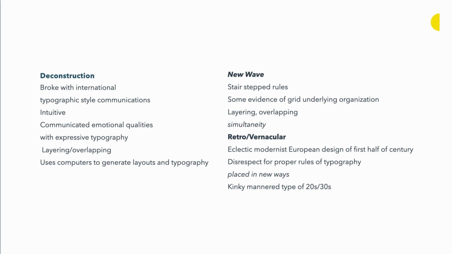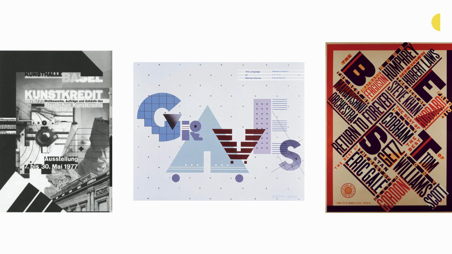We see eclectic modernist European design of the first half of the century, but there's a disrespect for the proper rules of typography. It's placed in new ways. The kinky mannered type of the 20s and 30s is popular. So here on the left, we see a good example of those styles. This is deconstruction on the left, and we see new wave in the middle on those stair-stepped rules.